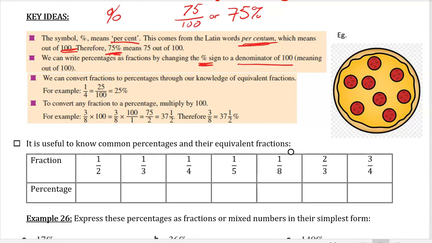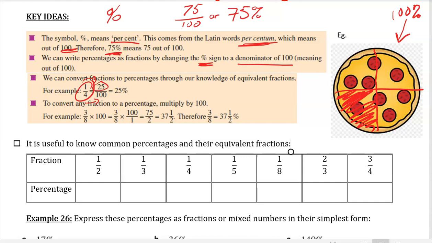So, for example, this is 100% of a pizza. So 100 is the same as one whole. If I want to start dividing it, here we go, I'm going to eat 1/4 of this pizza. So 1/4, we know how to express that. If we make that denominator into 100 and multiply that by 25, do the same thing to the top number.